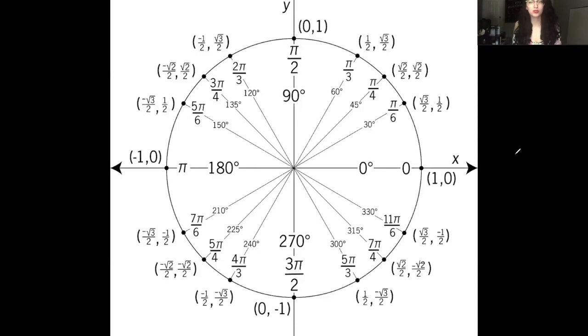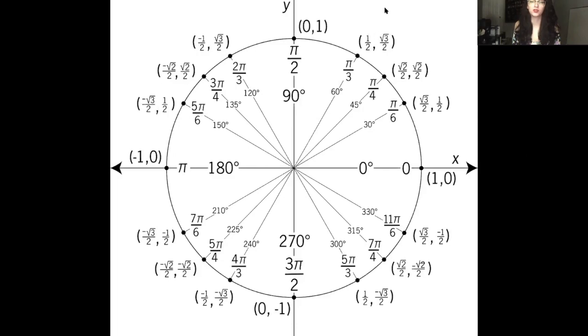If you don't know the unit circle by heart, there are many tricks, and I can make another video about all of the tricks that you could use to memorize the unit circle. But some of the ones that I use quickly are to determine the quadrants and whether the values need to be positive or negative.